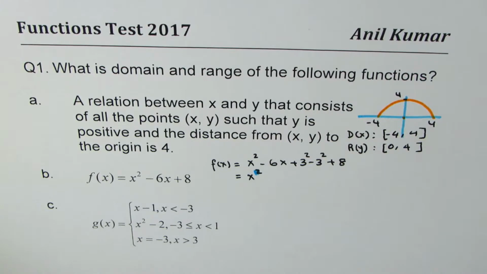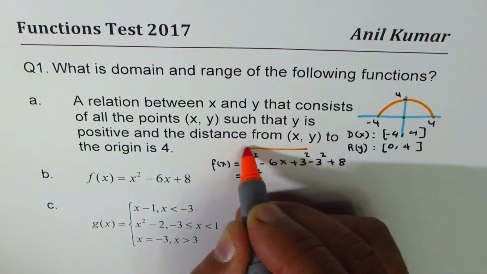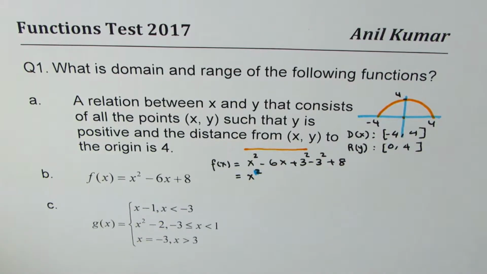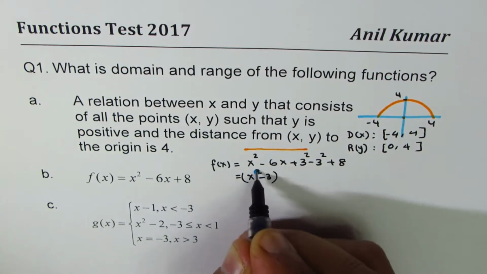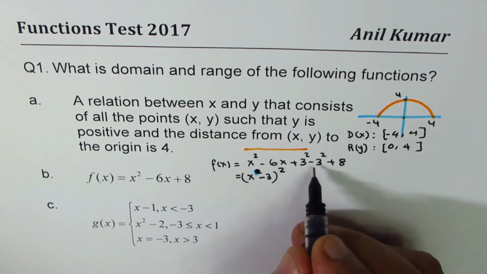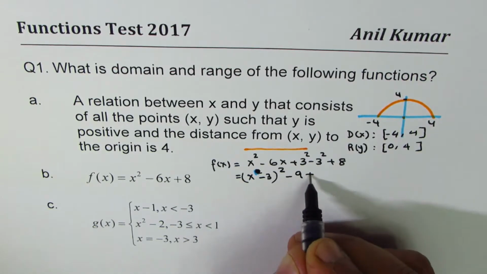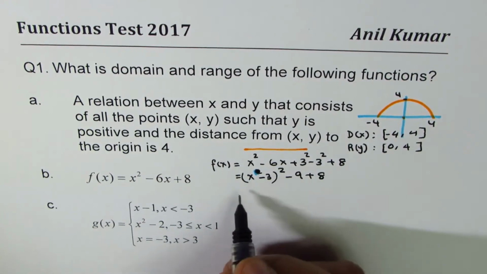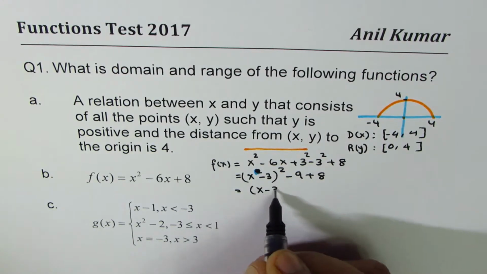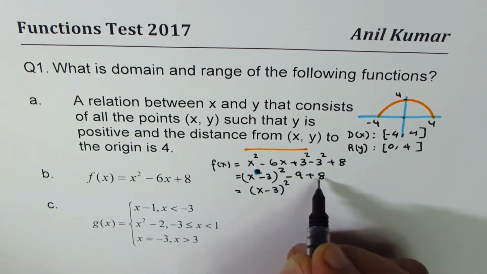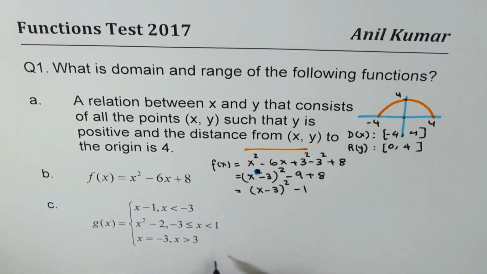We can take the first 3 terms and write this as (x minus 3) whole square, right? Minus 3 squared, minus 9, plus 8. And that gives us (x minus 3) whole square, minus 9 plus 8 is minus 1.